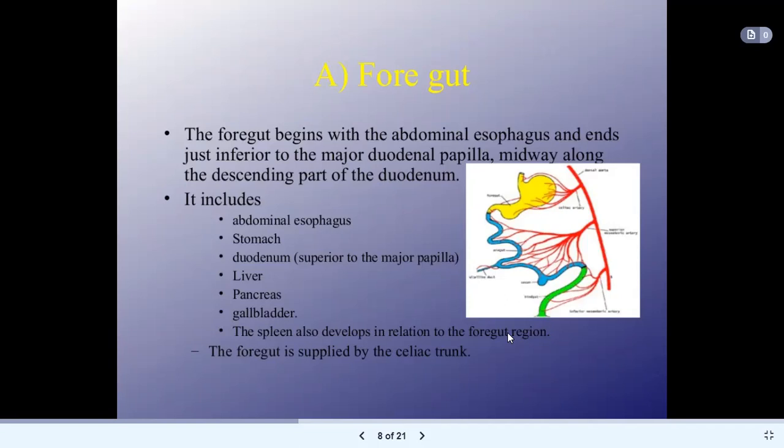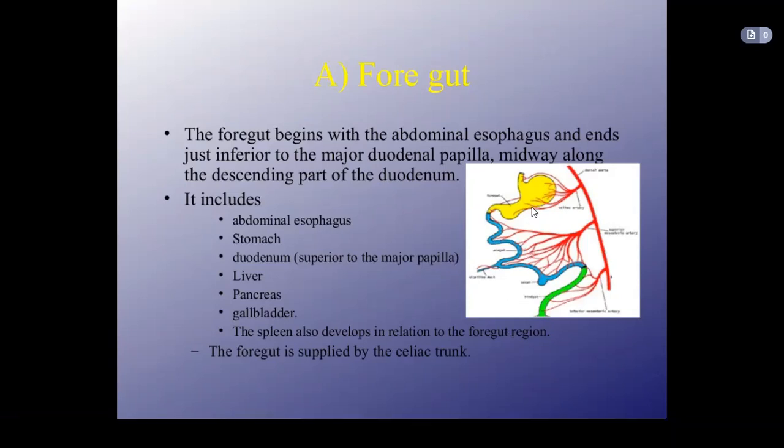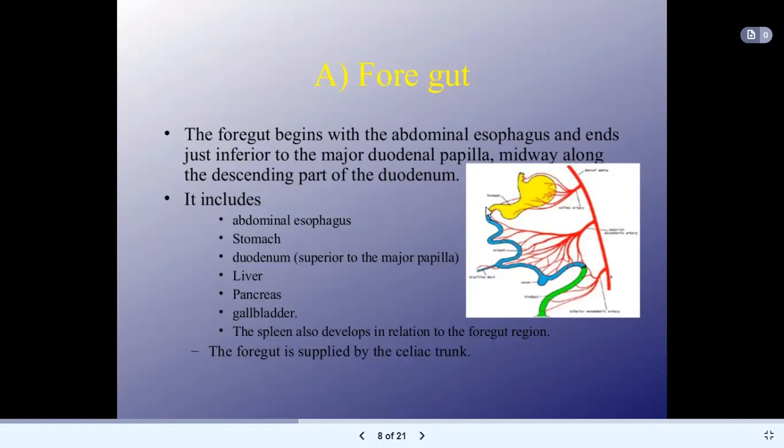Now, when we talk about digestion, we will only be focusing on the stomach and duodenum. That is why we didn't put a diagram of the liver and the pancreas here. Our focus is on the stomach, small intestine, and large intestine. So if they ask you what are the organs that make up the foregut, you mention the abdominal esophagus, the stomach, the duodenum, the liver, the pancreas, the gallbladder, and the spleen.